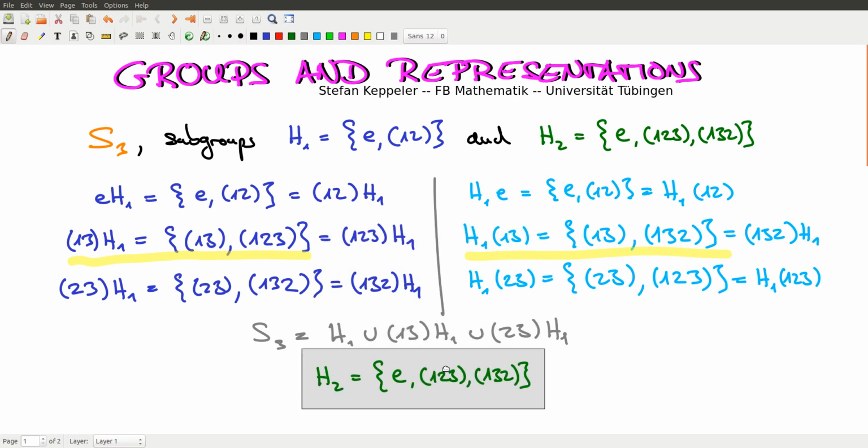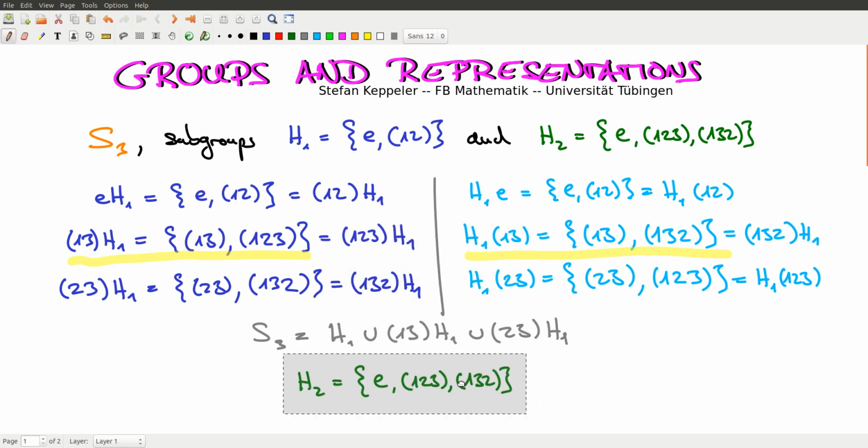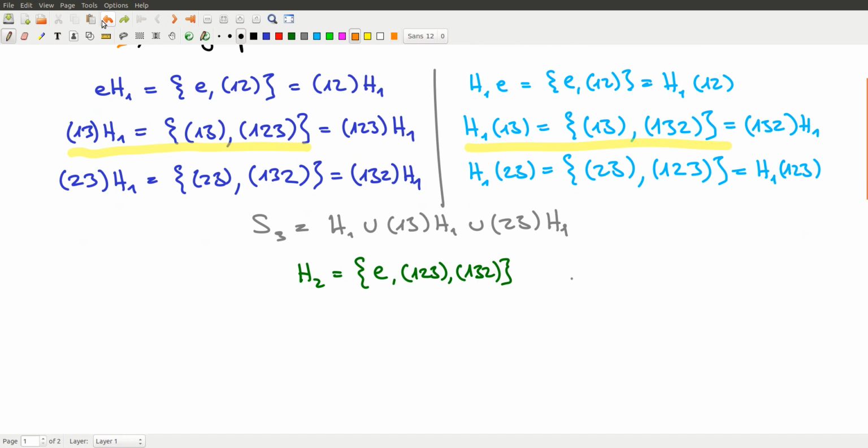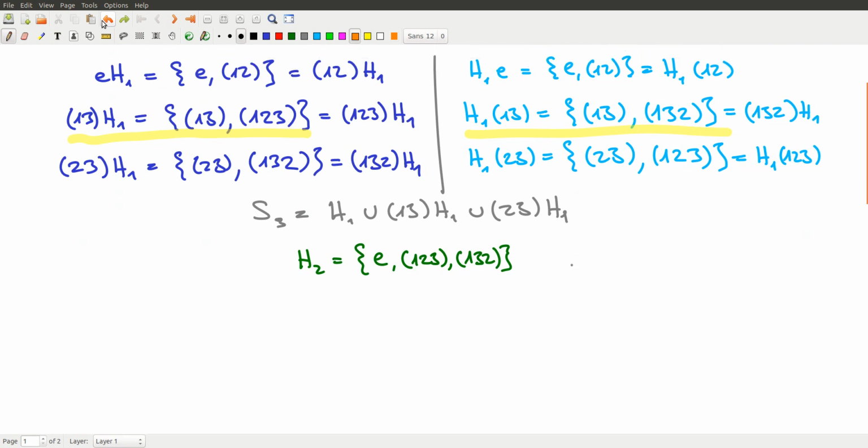Now let's look at this other subgroup here, subgroup H2. The interesting point is that this H1 here is just a subgroup, but this H2 is a normal subgroup. H1 is not normal. Now what happens with the normal subgroup? Let's determine the left cosets.